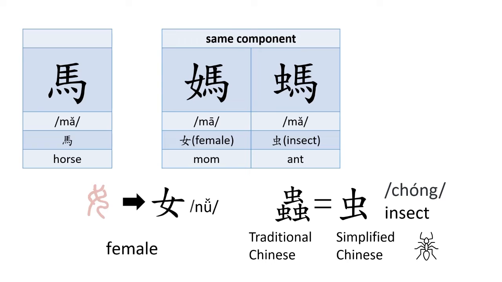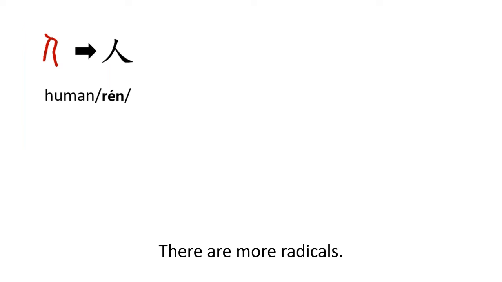Now, change to the second tone. Just change the stress from 虫 to 虫. Now, let's see some more radicals. 人 means human.